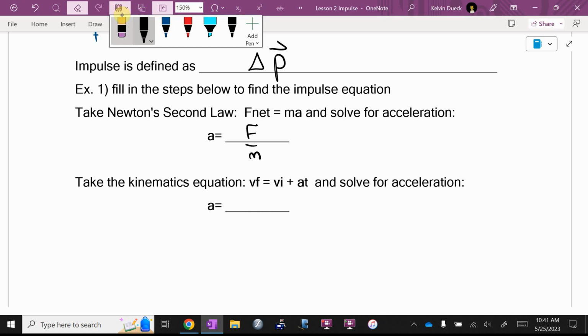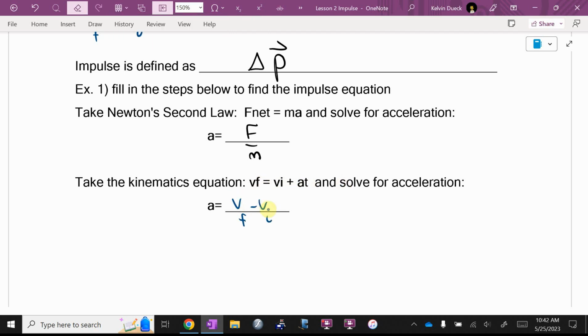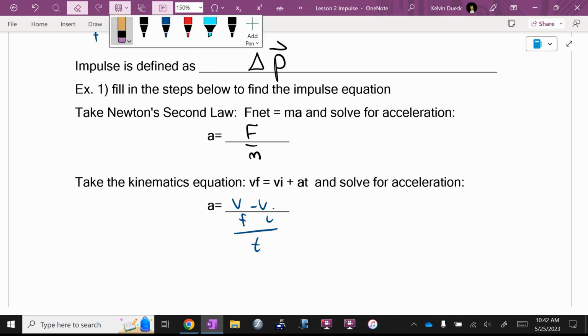Then take the kinematics equation, Vf equals Vi plus at, and get the a by itself. I can do that. Davin, how would I get the a by itself in Vf equals Vi plus at? Does F over m equal a?